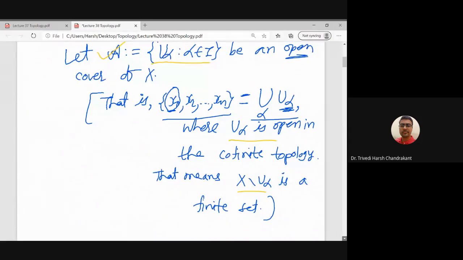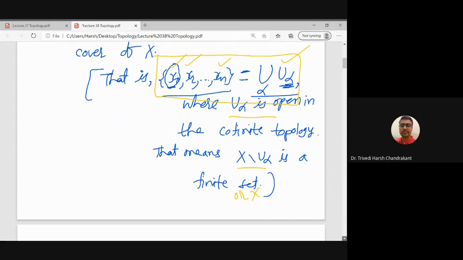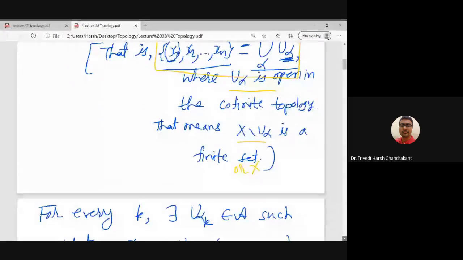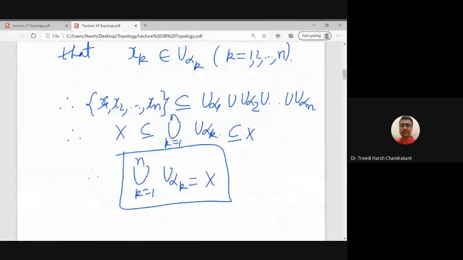So now we are starting with X1, X2, Xn, the elements of capital X, and we want to find U alphas which contain all these elements. And if I can find only finitely many U alphas which cover all these elements, then we are done. So since this set X1, X2, Xn is finite, we can actually choose U alphas which one by one cover this set.